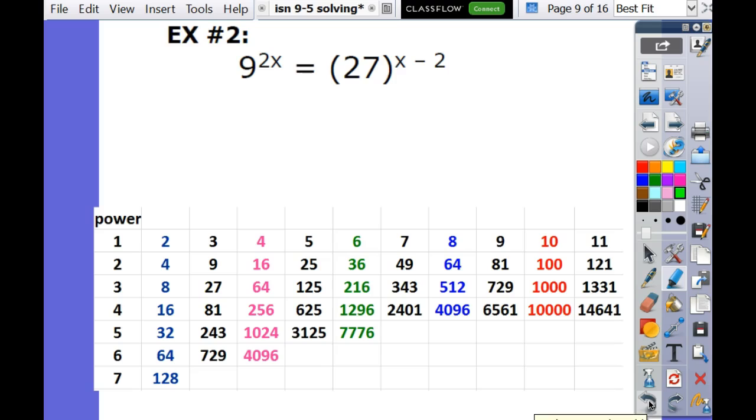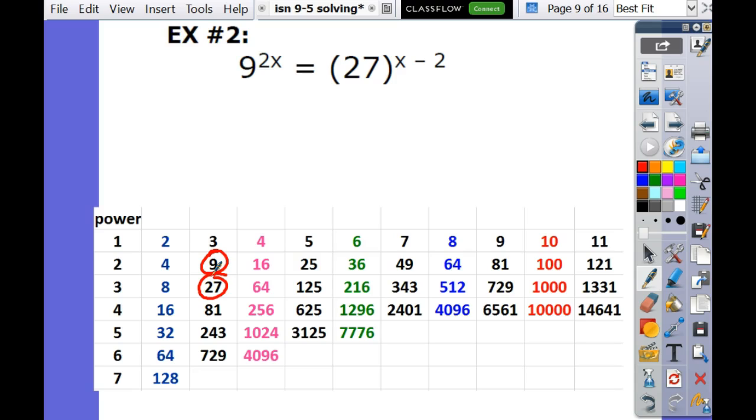This is a power chart. And so what this means is right here, this is 2 to the first power, and 2 to the second power, and 2 to the third power. This is 3 to the first power, and 3 to the second power, and 3 to the third power. So do you see how the chart works? It's a power chart, not just a regular multiplication chart. So right here I have a 9, and right here I have the 27.